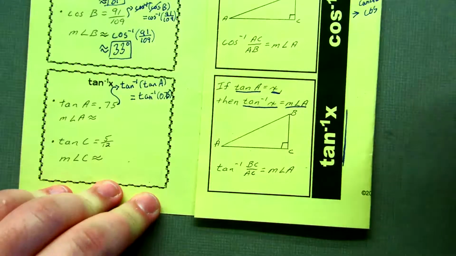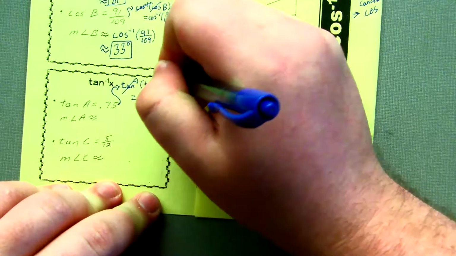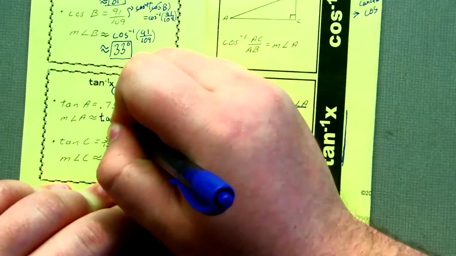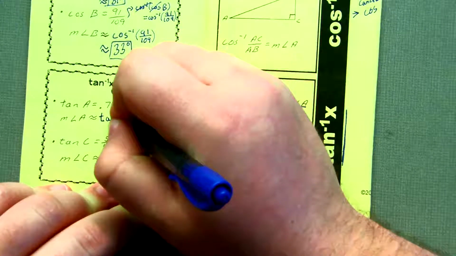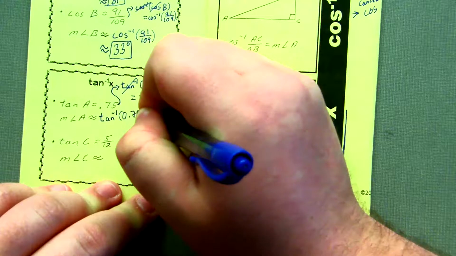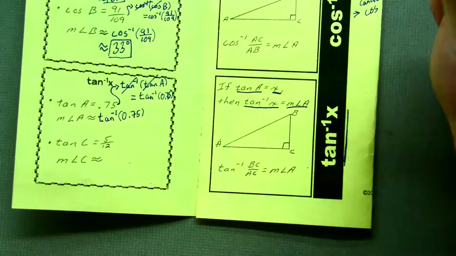And like we have with all the other functions, the outside tangents cancel. We're left with the measure of angle A is approximately the inverse tangent of 0.75. And what do we get when we plug that into the calculator?